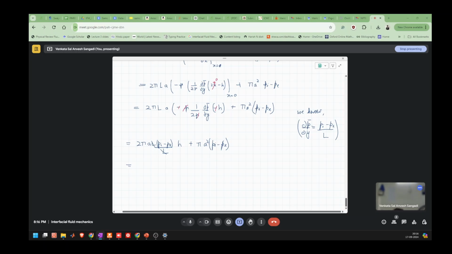This implies Pi minus PE into 2ah plus a square is equal to W. This implies Pi minus PE is equal to W by pi a 2h by a.